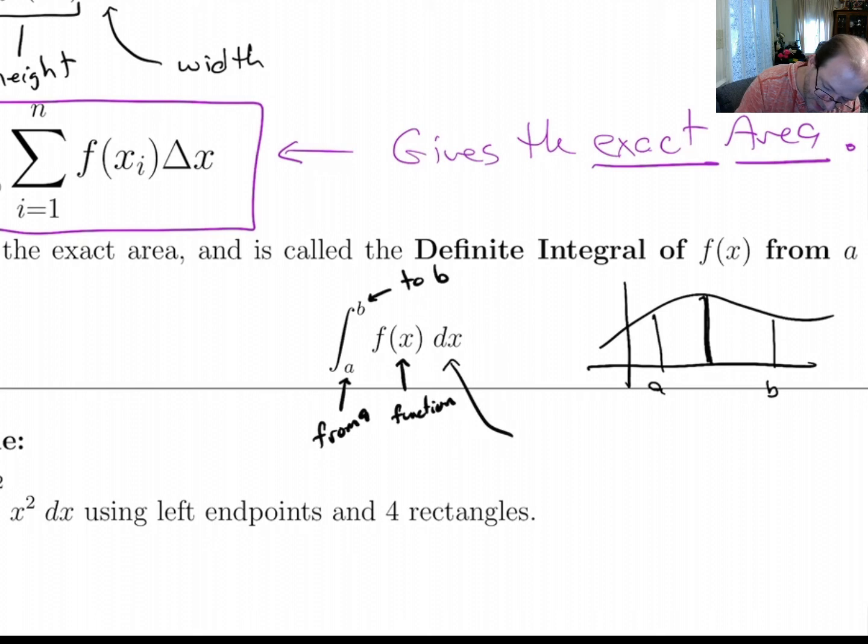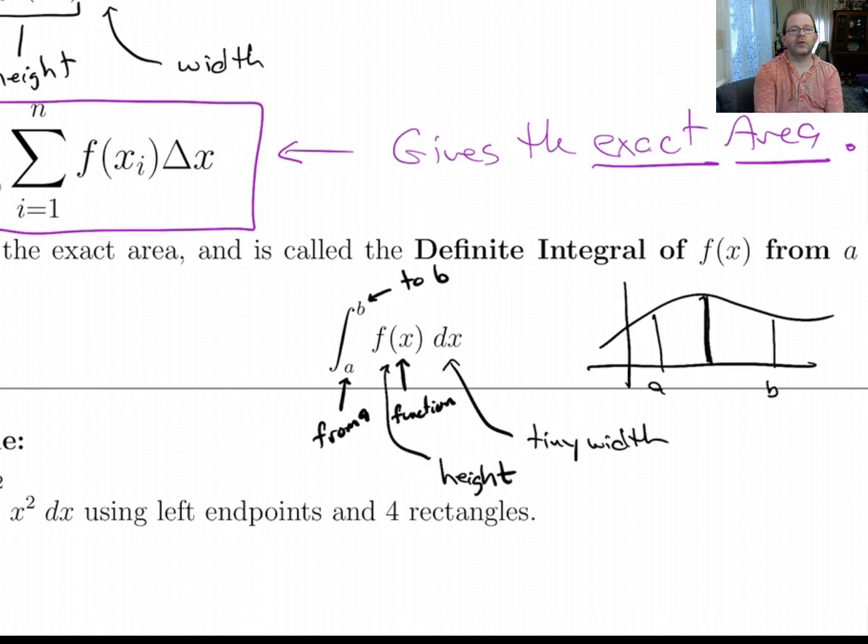The dx is the tiny width, and f of x is the height. So this integral notation represents like a sum of an infinite number of areas, all of which are essentially zero, but it works out to give us the exact area.